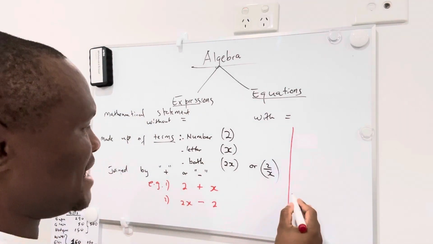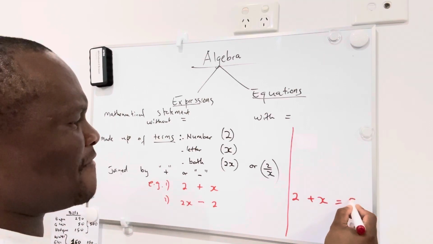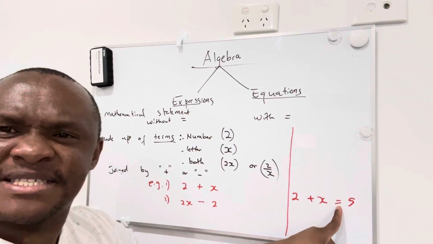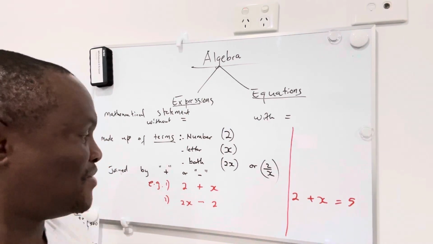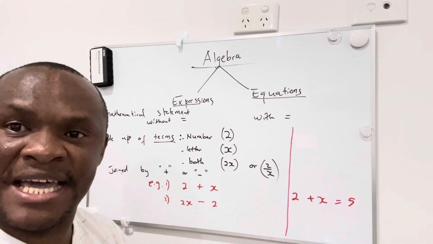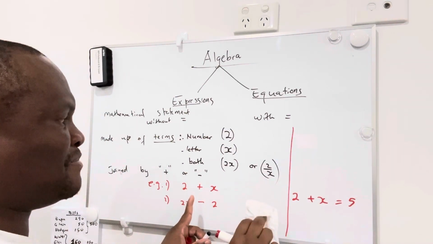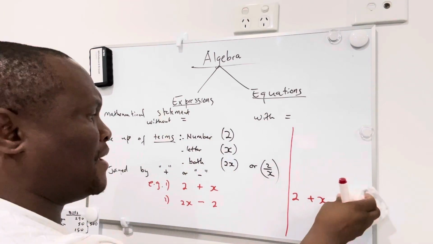For example, if we say 2 plus x equals 5, because of this equal sign, it is the equation. All right. So we shall come to these equations at a later stage. So this is just the difference between the expressions and the equation.